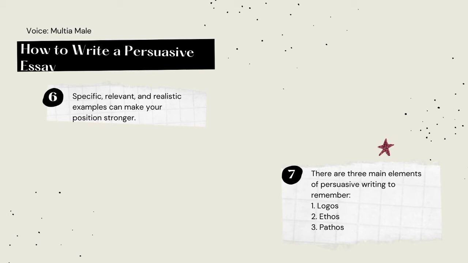Two, ethos, the appeal to ethics. In persuasive writing, you must convince the reader that you write from an ethical point of view. Three, pathos, the appeal to emotion. You have to awaken the reader's sympathy, sadness, anger, or any other kind of emotion, so you'll make your main argument more convincing.